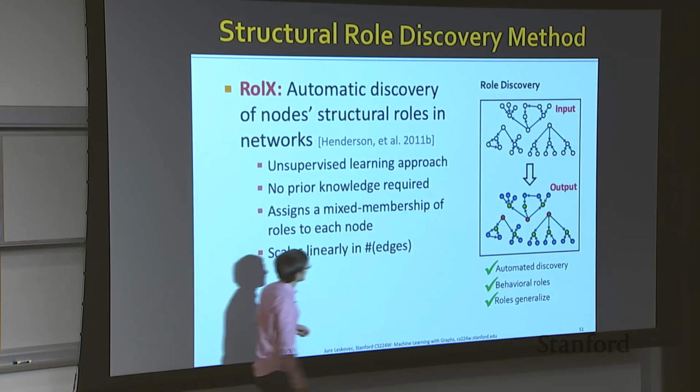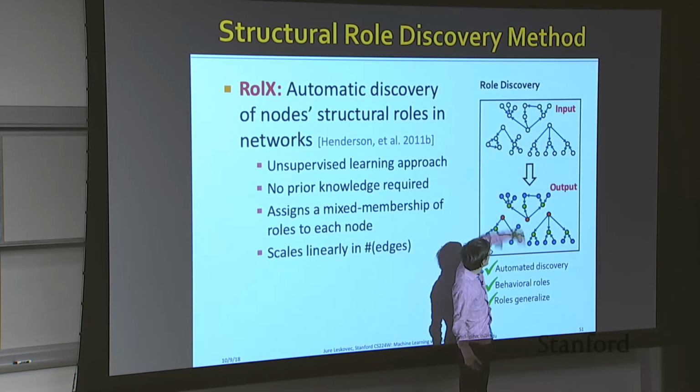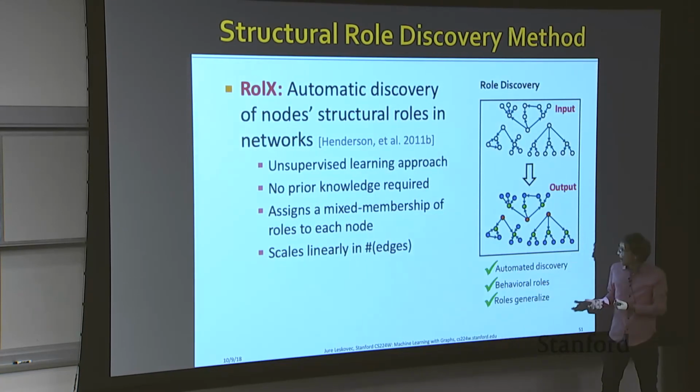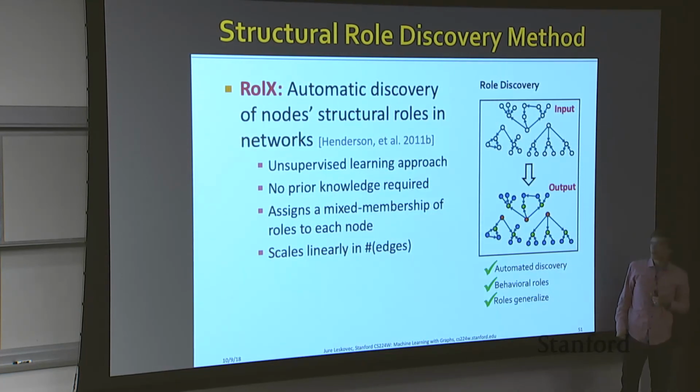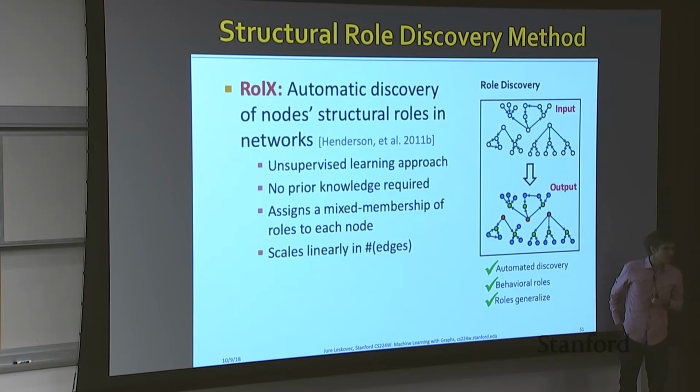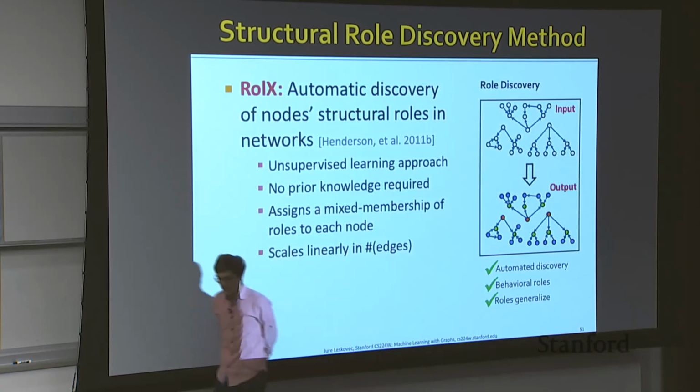And the idea will be that on the input we will have, I don't know, a graph or a set of graphs. And on the output, we will identify the roles and we will assign nodes to those roles. Here, roles are indicated with colors. Okay? So that's essentially the idea.